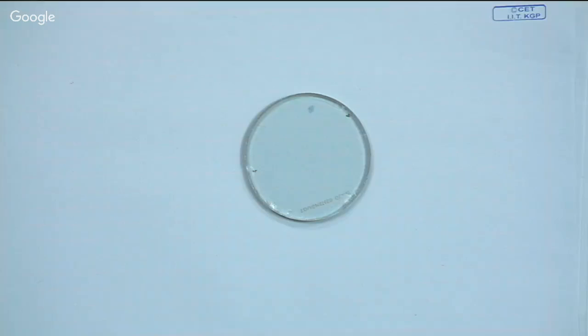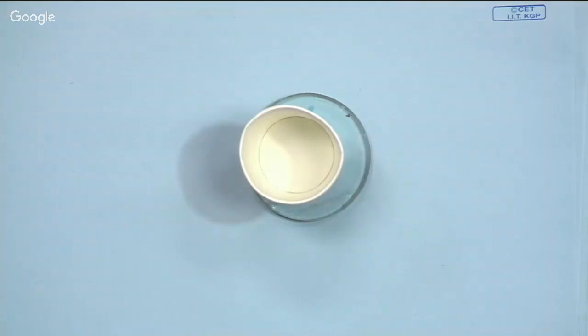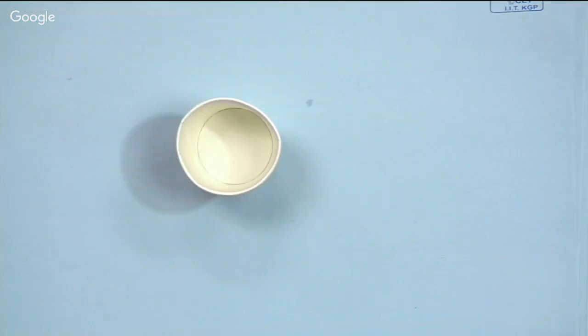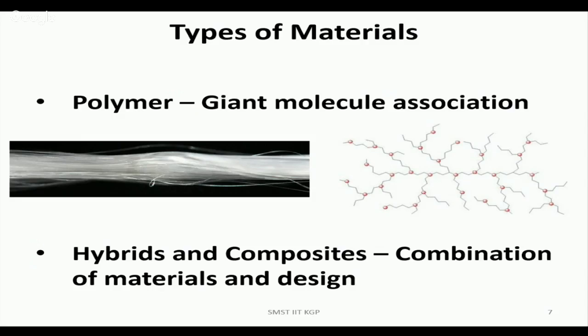I think we know the cup. This cup is made of paper. So what is the paper made of? Pardon? Wood? Cellulose, right? Cellulose is made of glucose, right? So there are so many glucose molecules joined together forming cellulose. So this is called a giant molecule.